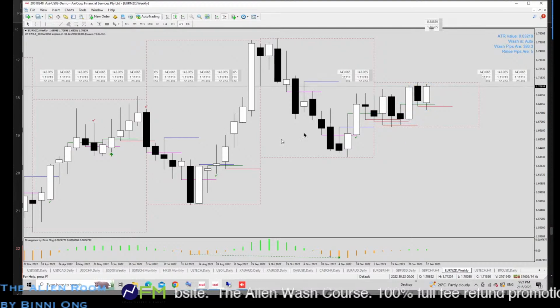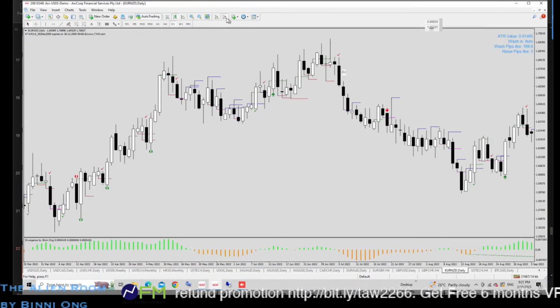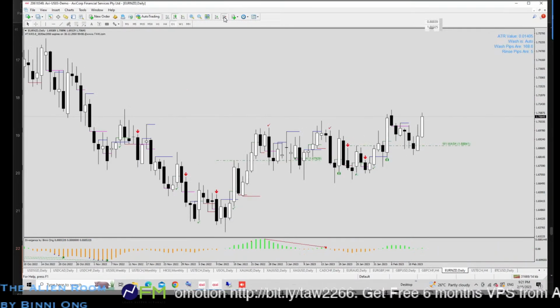So when you do your trade, you always go and flip to the day time frame first. I repeat, if there is one time frame that you need to look at first, it's always the day time frame. You always go to the day and ask yourself, what do you want to do here? Now, when you go to the day time frame, you realize that I have this line here, and this line is the wash line.